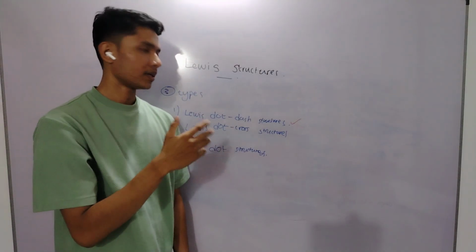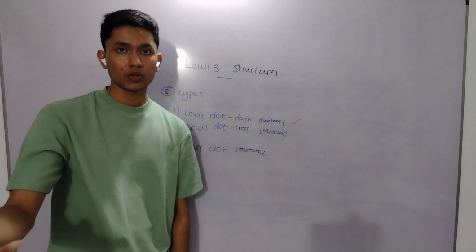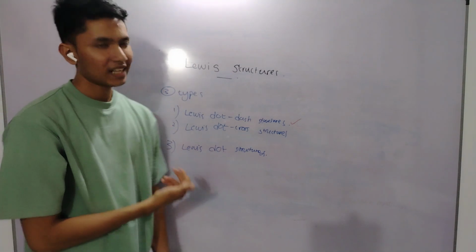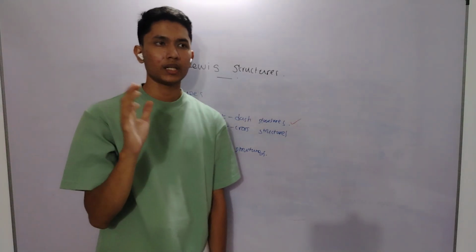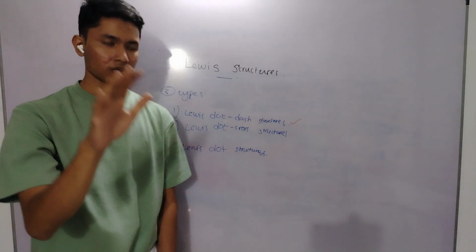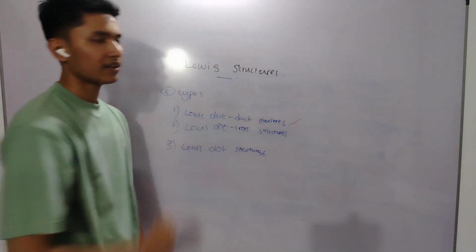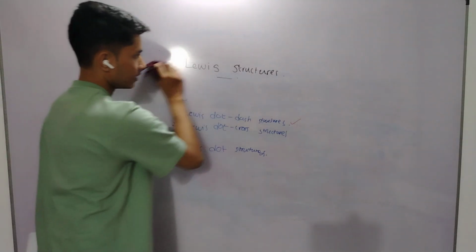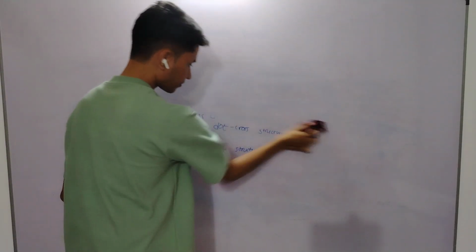But as you continue to deal with these types of questions, your time to draw the structure will reduce. So don't worry, we will cover everything in this video. Please pay attention.